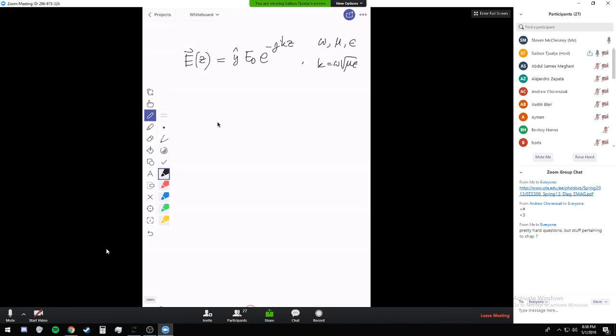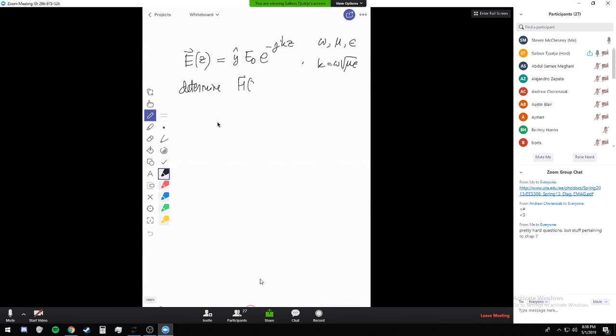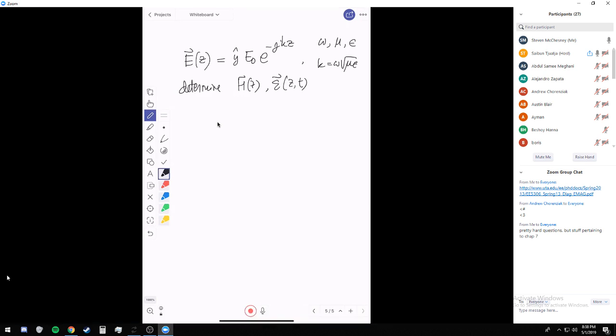This is an example, also a homework problem. Determine H, also determine E as a function of z and time. I can also ask you what is H as a function of z and time, and what is the time average power density. So how do we solve that?